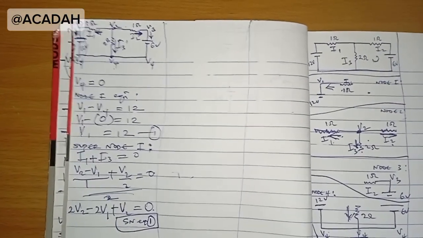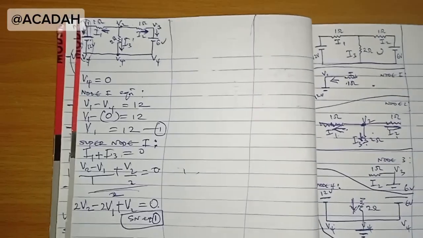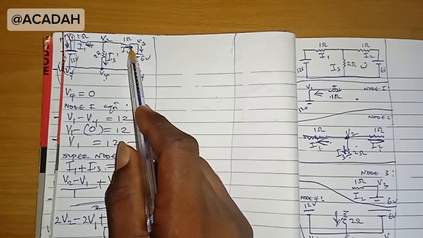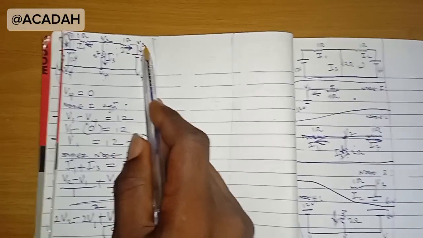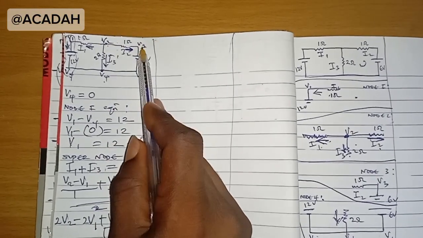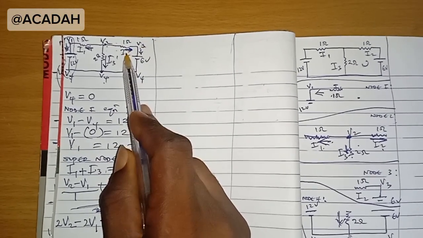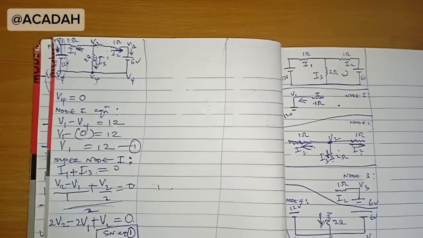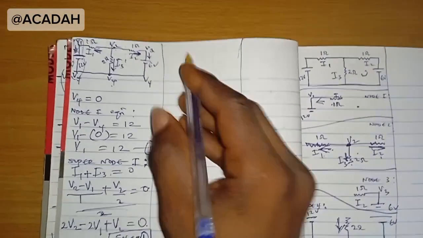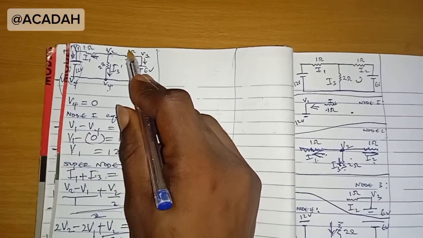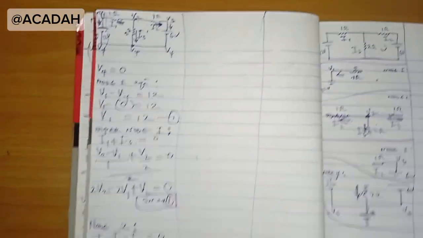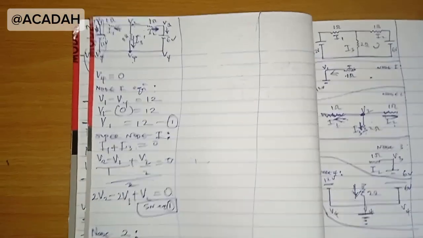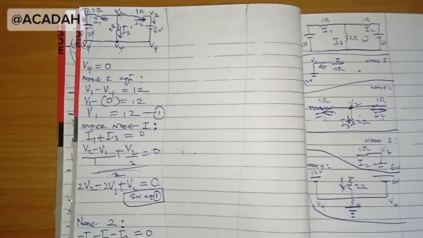Then I2 is between V2 and V3, so V2 minus V3, and the resistance there is 1 ohm. So all over everything equals 0.